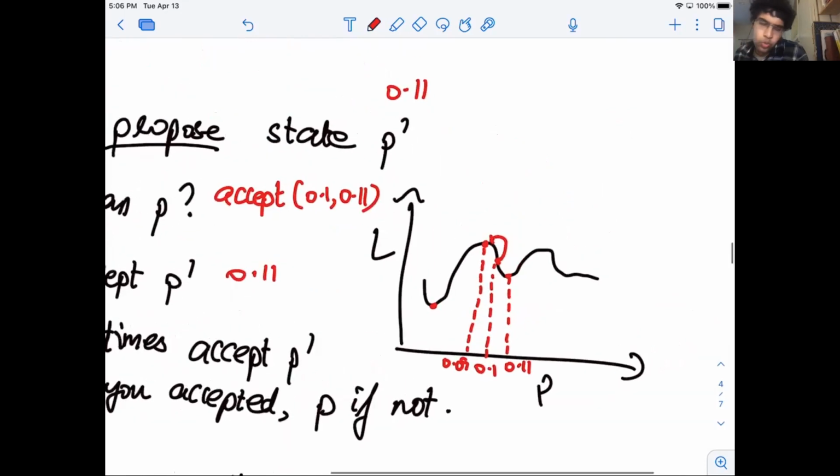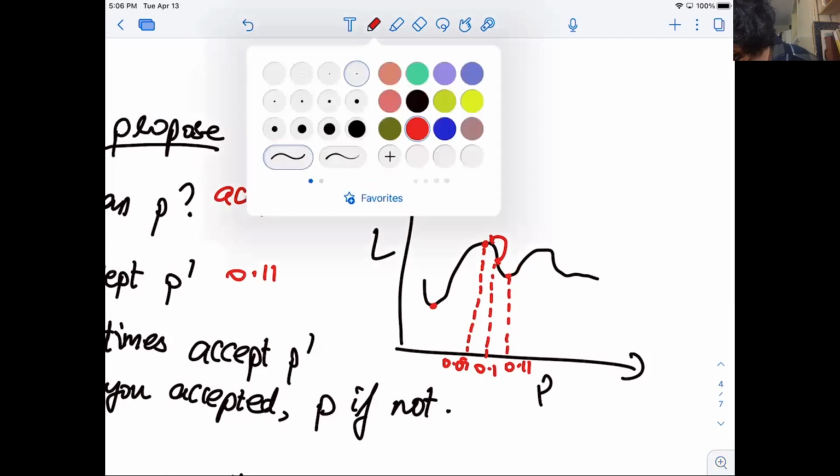But you leave open the possibility that, just for the sake of exploring everything, maybe there's something better on the other side of it. So I'm going to give it a shot. And if everything says no, move back to where you were, then we can move back to where we were. But I want to be able to explore this part of the space as well. So sometimes I still make this jump.